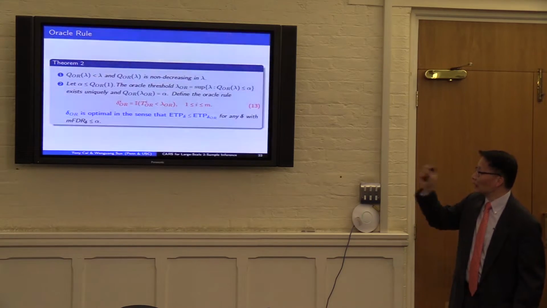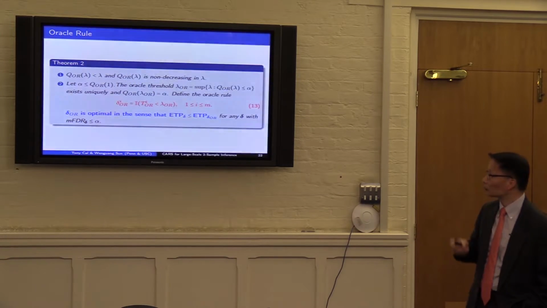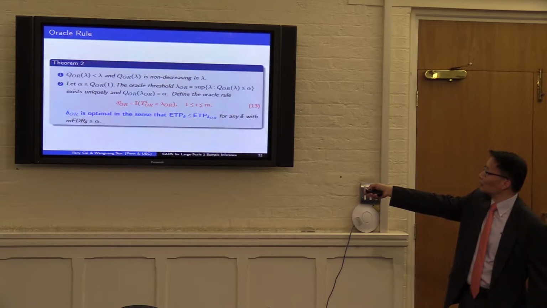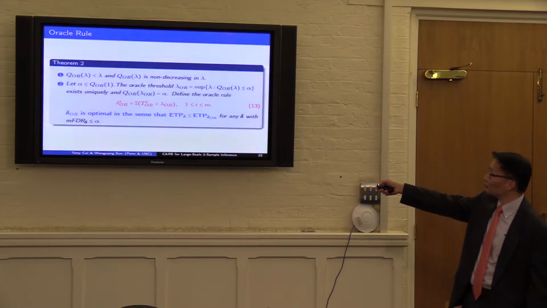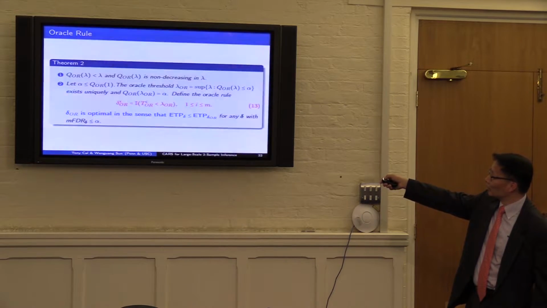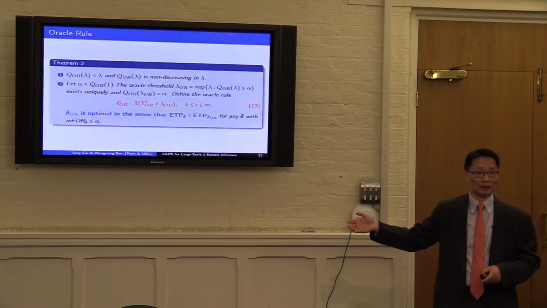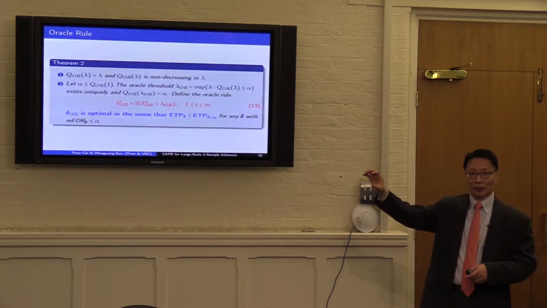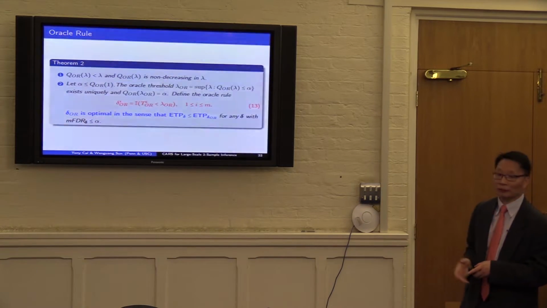It turns out that that's the right quantity to look at if we know everything. So first of all, this is a monotonic function. As you increase the value of lambda, it's non-decreasing in lambda. Because if you increase lambda, it means that you are going to reject more and more hypotheses, because the test statistics are ordered. As you reject more, you are going to have more likelihood to make mistakes.